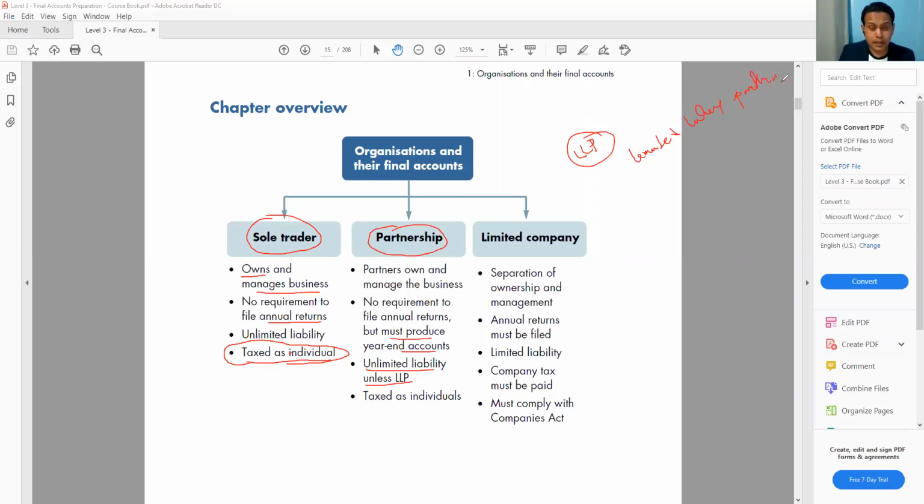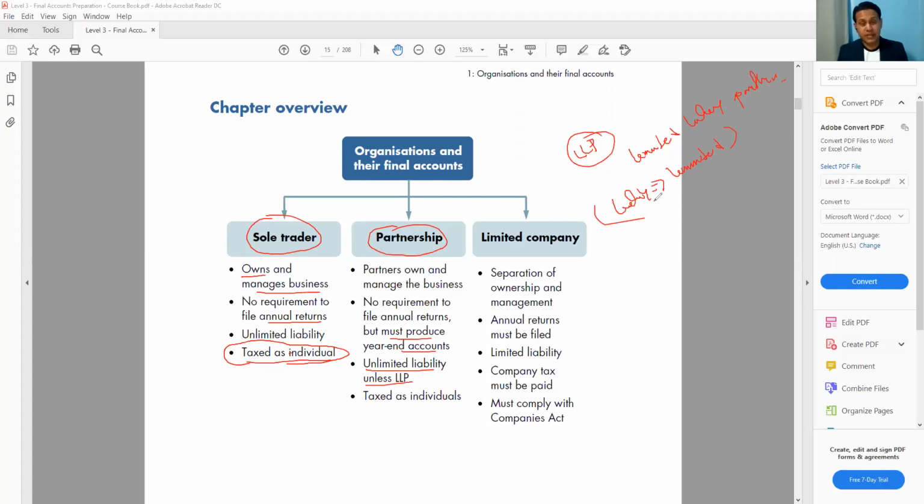If you open a business as a limited liability partnership, then your liability will be limited. That means you don't have to pay anything beyond your investment.